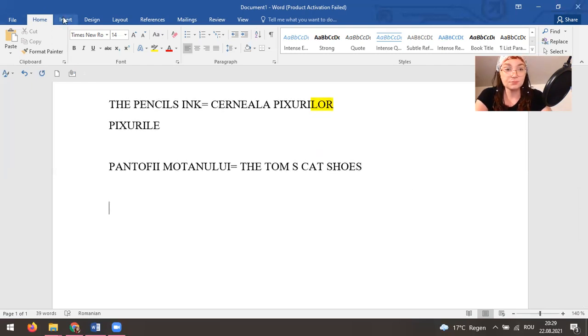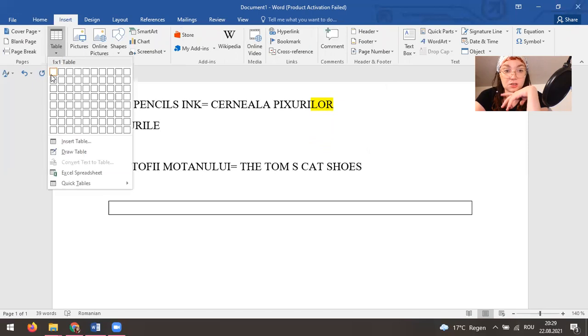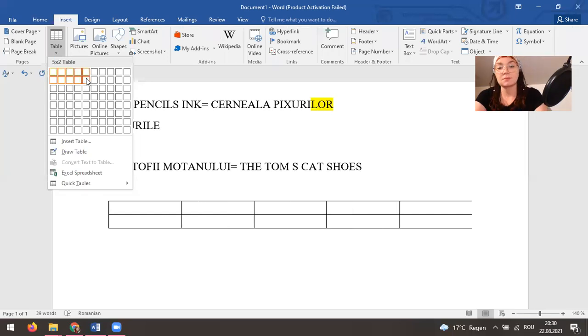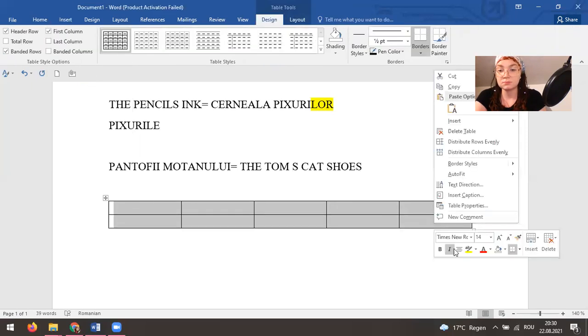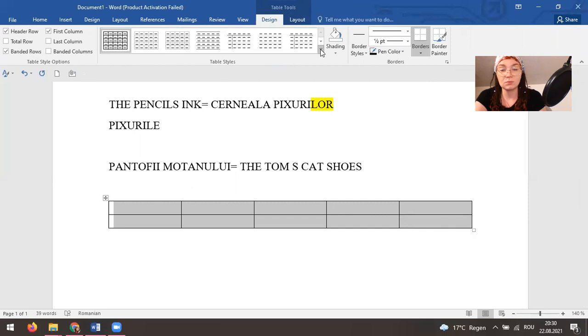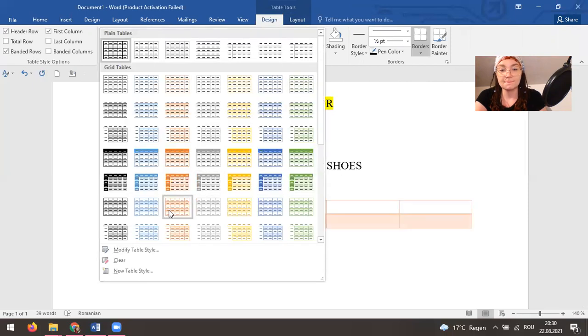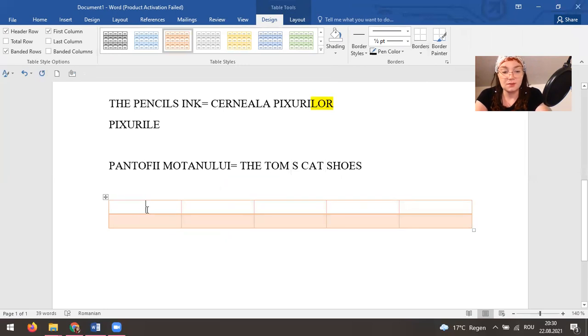Let's see. So we will have it like this: dative, feminine, masculine, and feminine and plural. Okay. So I'll have here dative and then feminine singular, masculine singular, feminine plural, masculine plural.